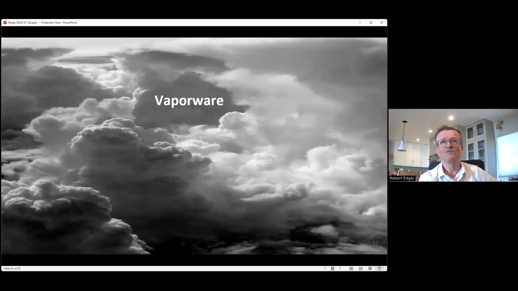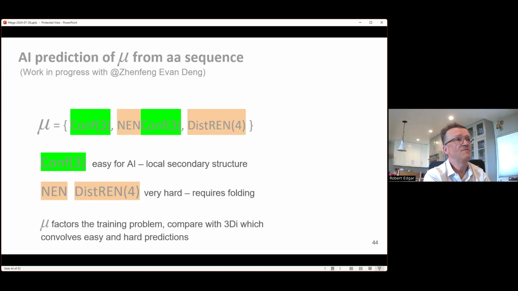And from now on, I'm going to be strictly talking about vaporware. So these are ideas, half-implemented stuff, vision for the future. And one of the things we're working on, so this is with Evan, is trying to predict mu from sequence. And I'll talk about why we might do that in a second. But if you look at the way mu is constructed, there are some easy parts, and that's secondary structure.